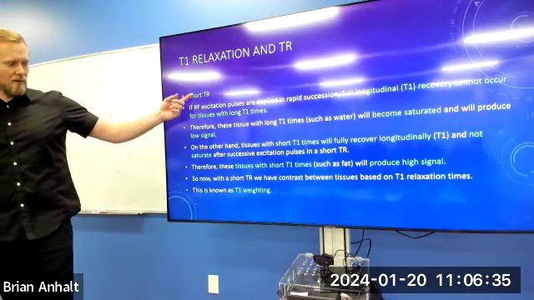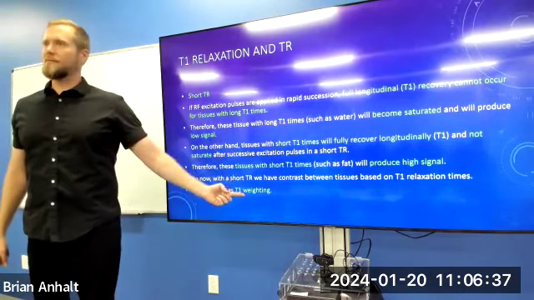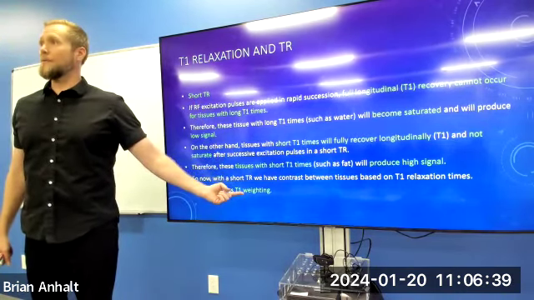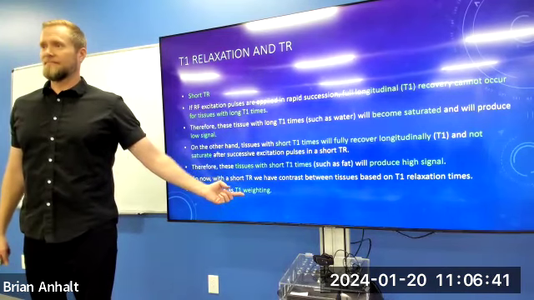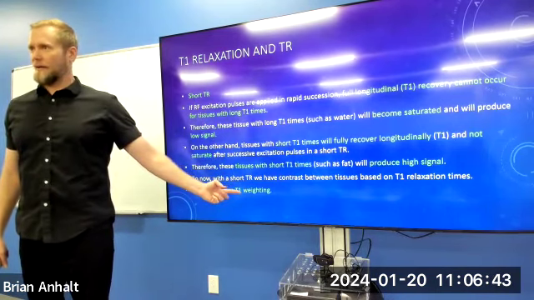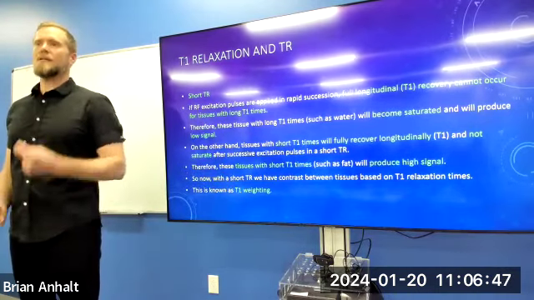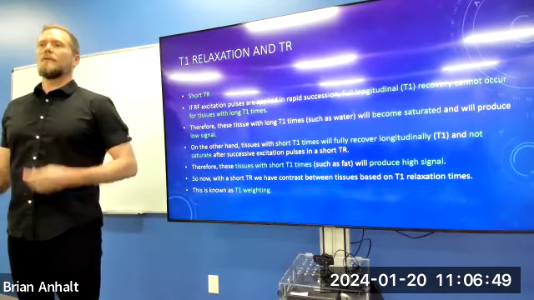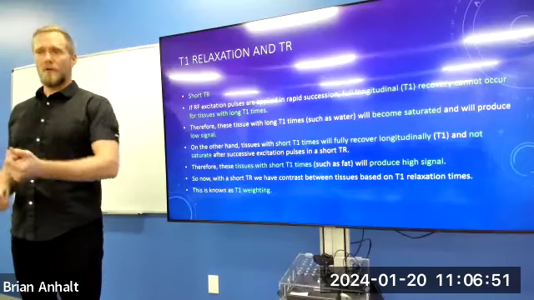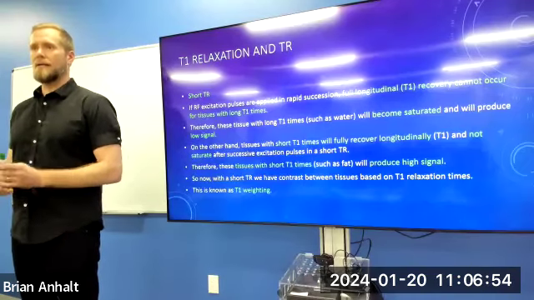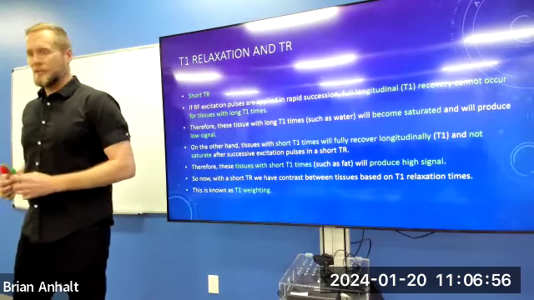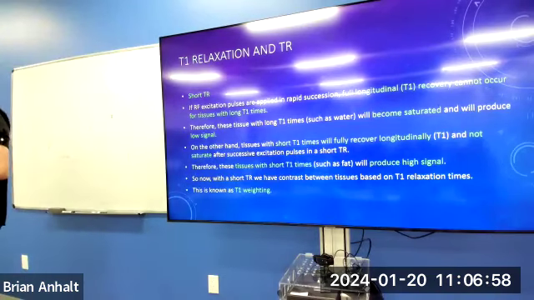Using a short TR will give us T1 contrast, T1 weighting. That's what we need to do with our TR to get T1 weighting. Prescribe a short TR. We need to keep exciting these protons, these tissues, over and over again at a rapid rate to keep the tissues that take a long time to recover saturated with energy so that they don't produce signal.